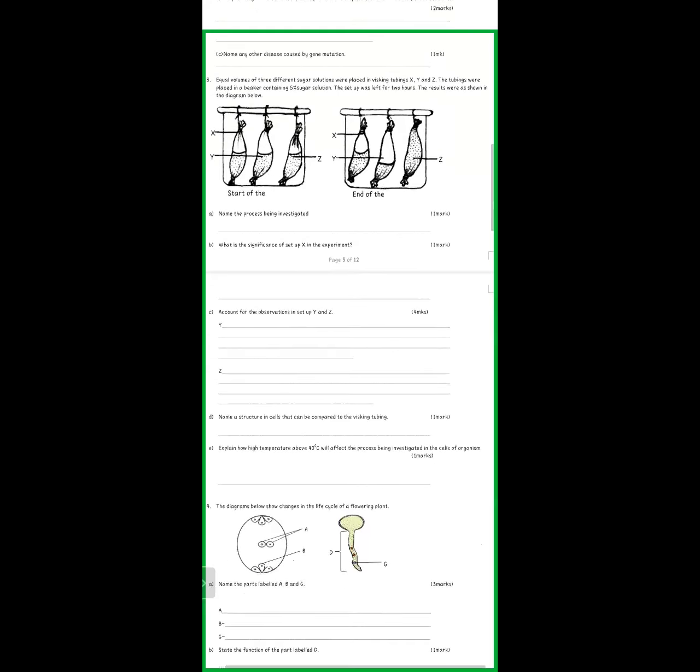You talk about the difference in concentration. Then you talk about the process by which that substance moves. And then lastly, you talk about the observation that is made after the movement has occurred. So I hope you've noted that down.